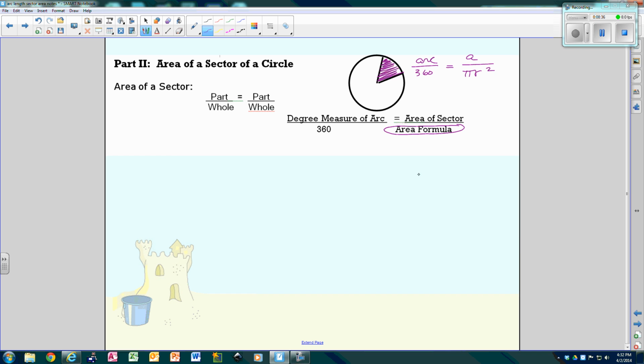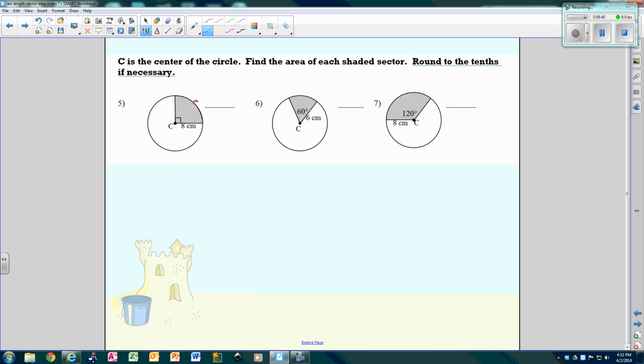Okay, so looking at number 5, this arc is 90. So using our same formula, 90 over 360 is the area of the slice over pi r squared. So 360 times area, 360a.